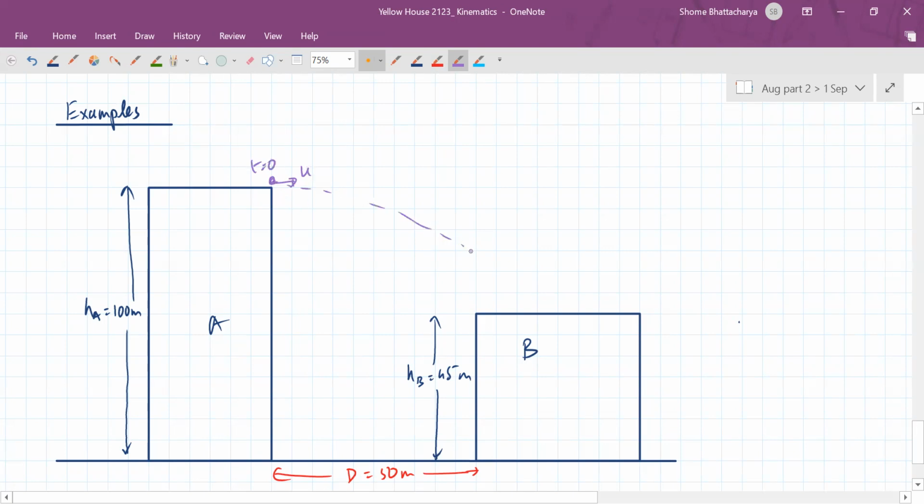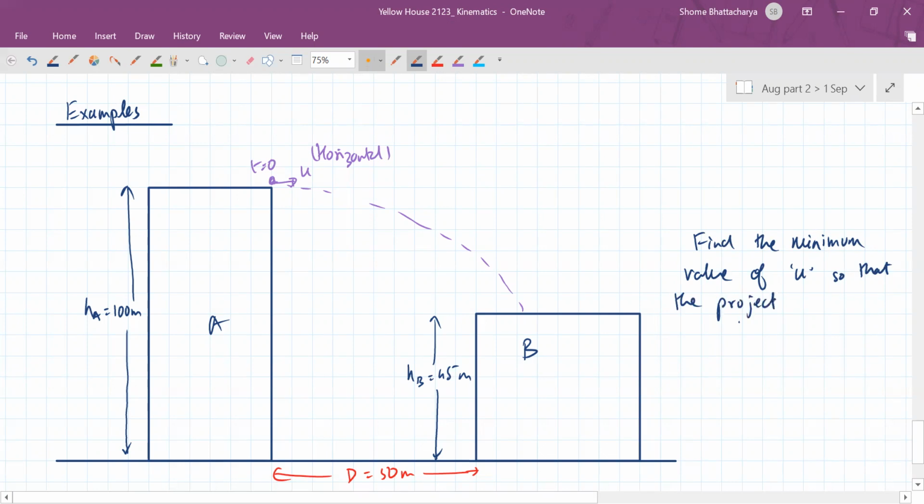We want it to come and land on B. So find the minimum value of the speed so that the projectile lands on B. Take g as 10 again.